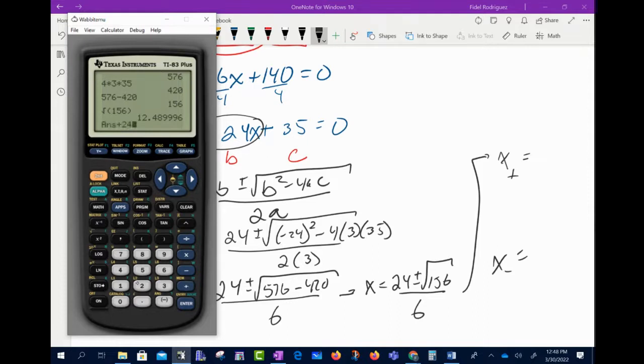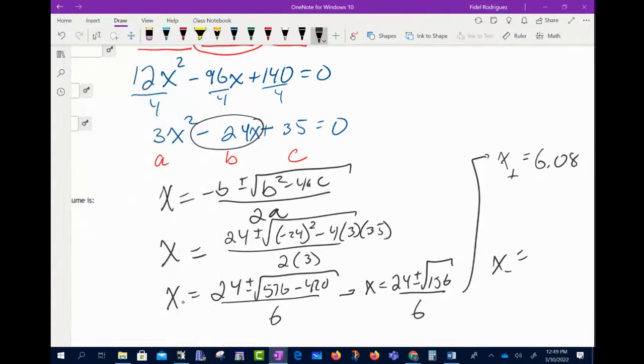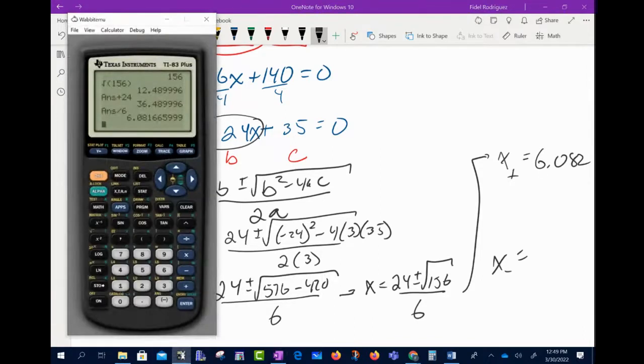Let me add 24 to that, and then divide it by 6. I'm coming up with 6.082. Y'all agree? Okay, 6.082, that's actually 3 decimal places. So I'm going to go to 3 decimal places.